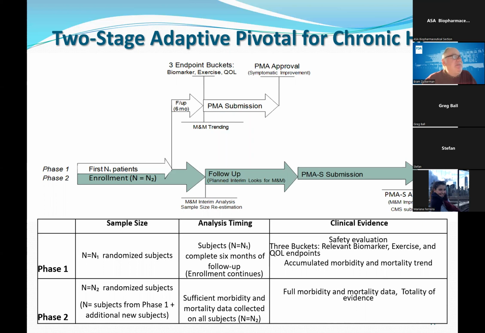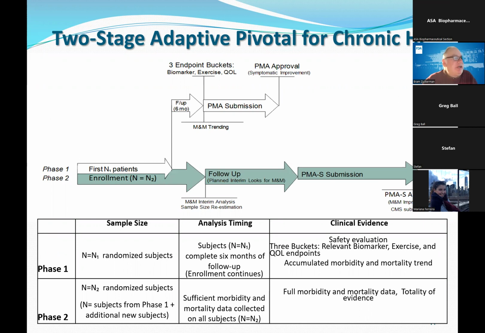The first aspect is that after 6 months of data are collected on the 3 intermediate endpoints, and we also have data on mortality and hospitalizations, we can make an initial submission to the FDA.